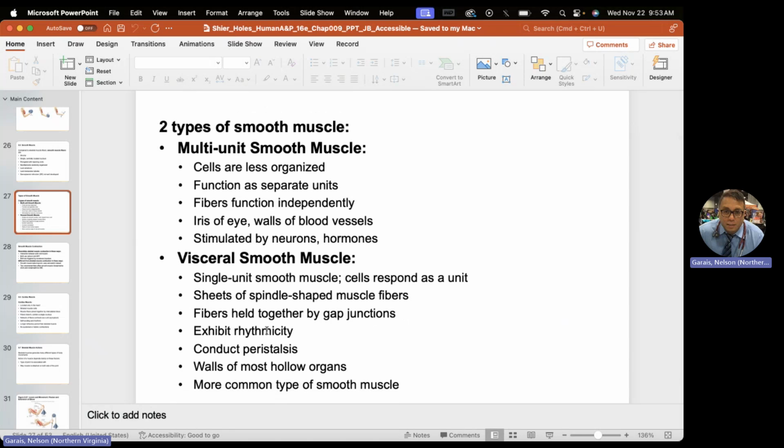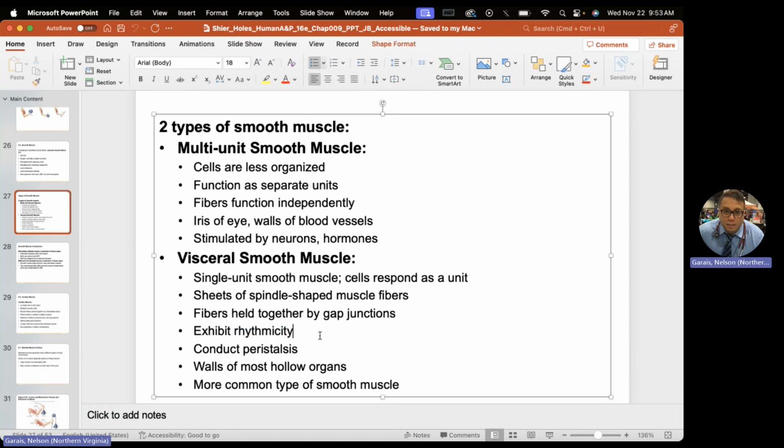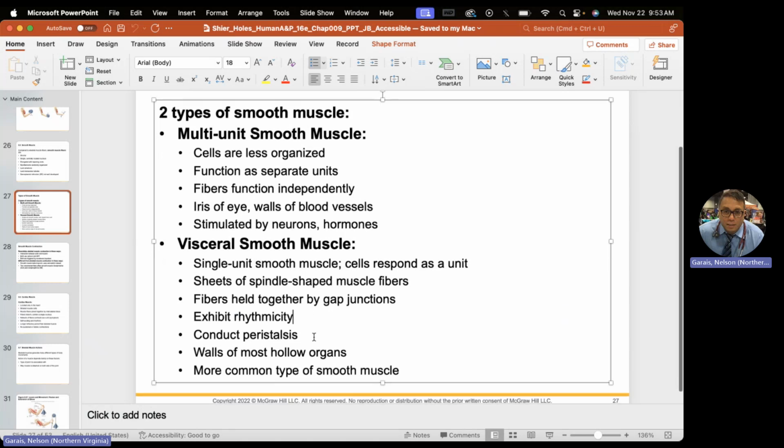And the one thing big about visceral is rhythmicity, just like your cardiac, but it's different. And peristalsis is the motion of how food gets from your mouth to your stomach, and that happens automatically. And visceral muscle is associated with all the hollow organs, which are your gastrointestinal system.